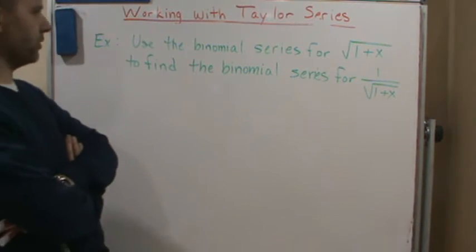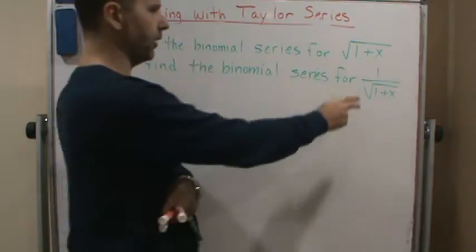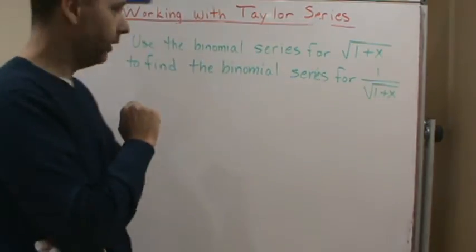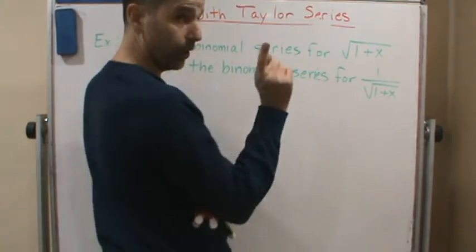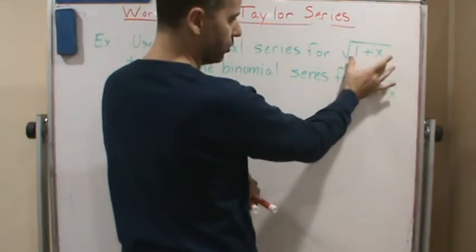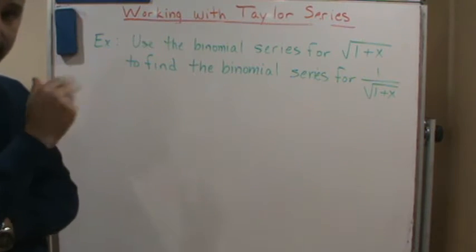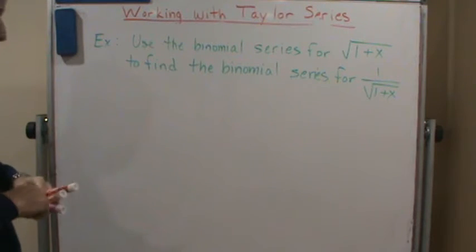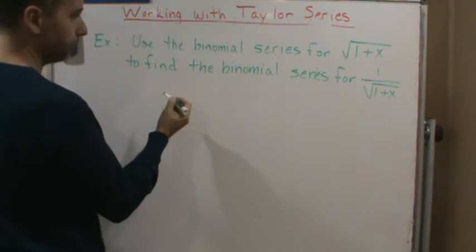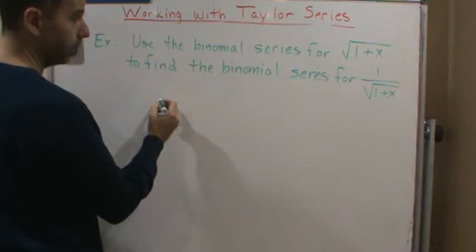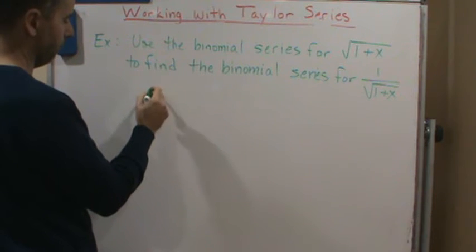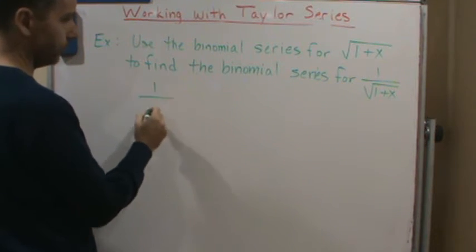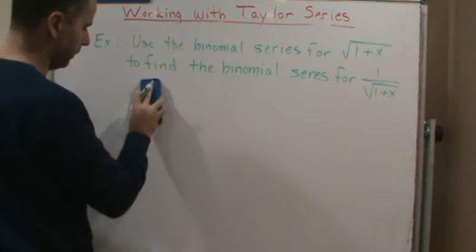So in this example it says use the binomial series for this function, which we're familiar with, to find the binomial series for this function. Now what we're going to notice here is this is a derivative of this, or it's similar to it, right?